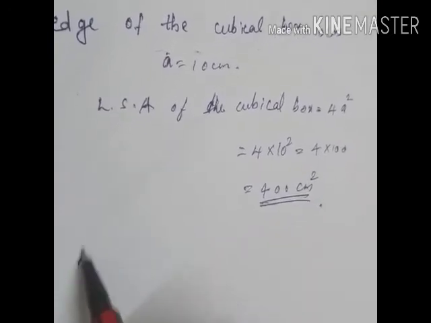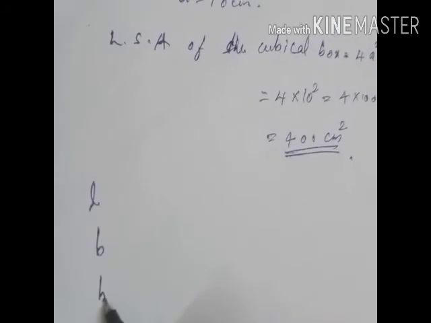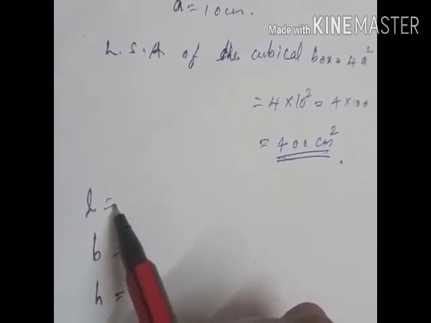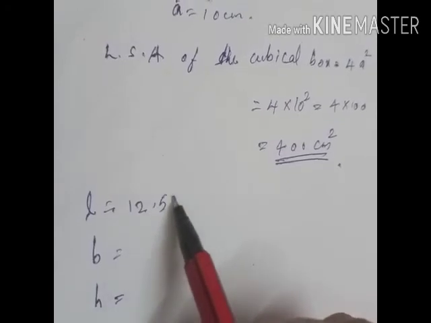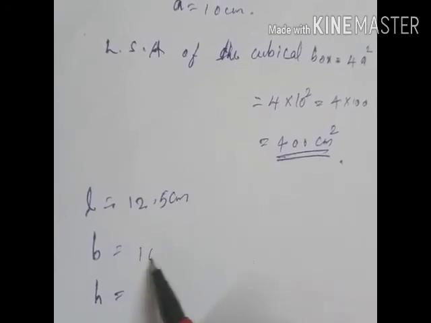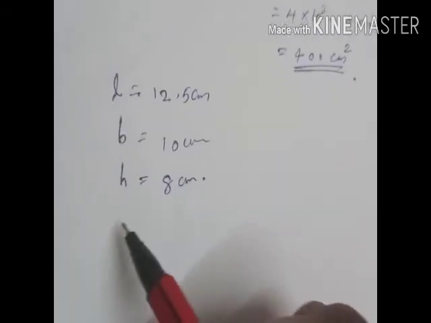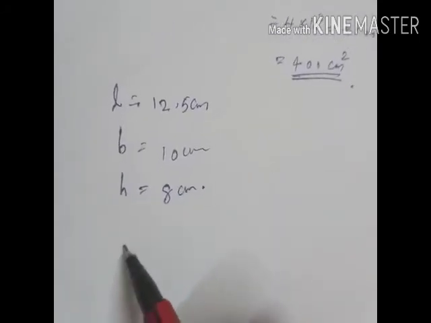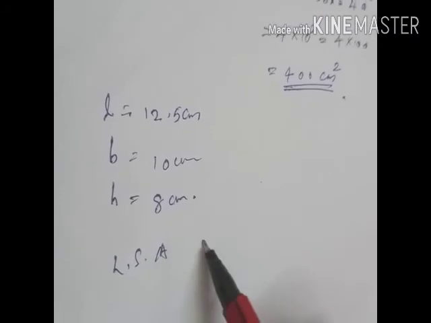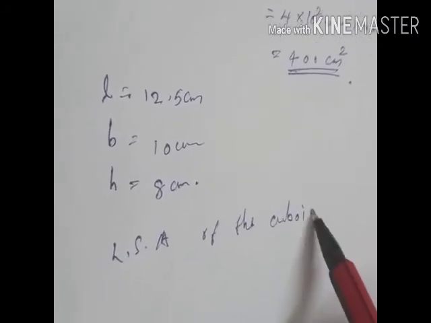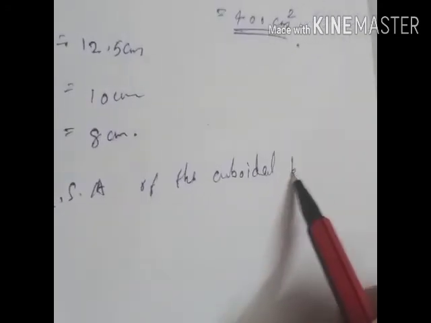Then length, breadth and height of the cuboidal box are given as 12.5 centimeter, 10 centimeter and 8 centimeter. Then here we have to find LSA of the cuboidal box.